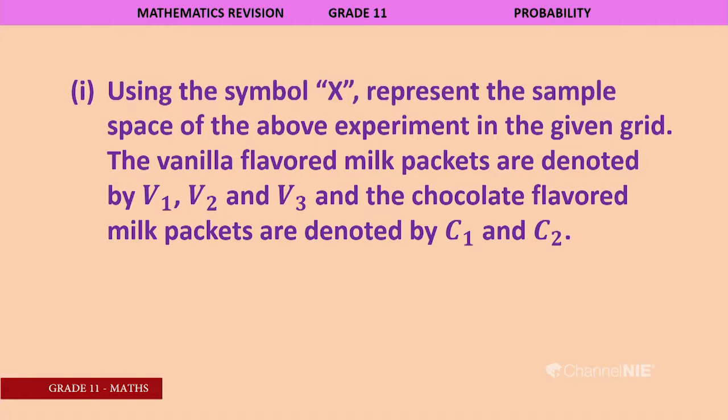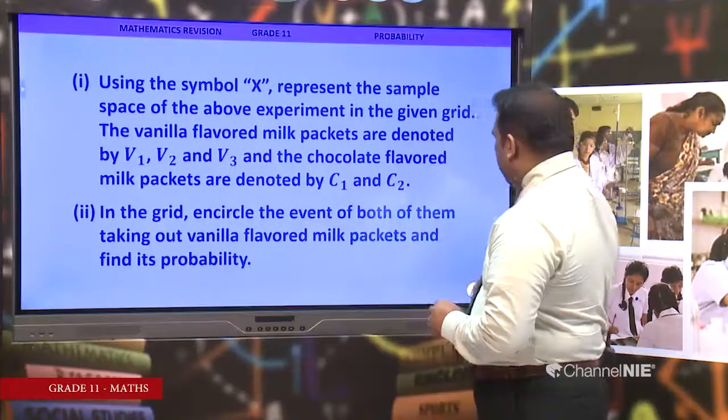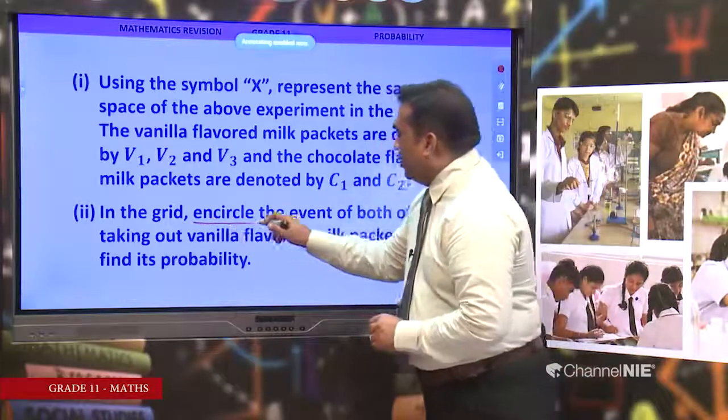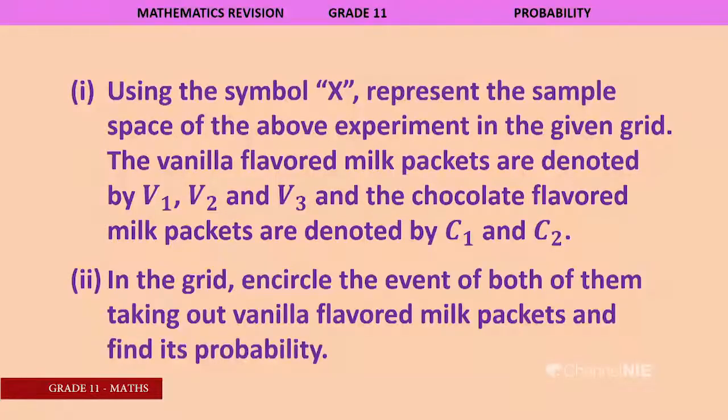The vanilla flavored milk packets are denoted by vanilla 1, vanilla 2, vanilla 3, V1, V2, V3, and the chocolate flavored milk packets are denoted by chocolate 1, chocolate 2, it means C1, C2. In the grid, encircle, always remember, a closed plane figure is needed, the event of both of them taking out vanilla flavored milk packets, and find its probability.